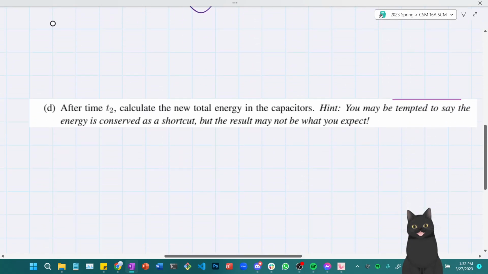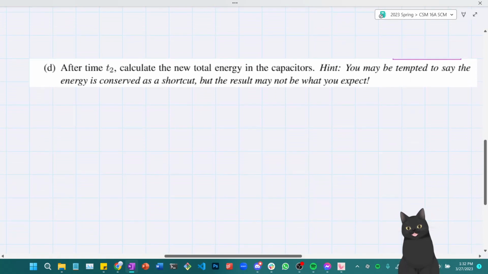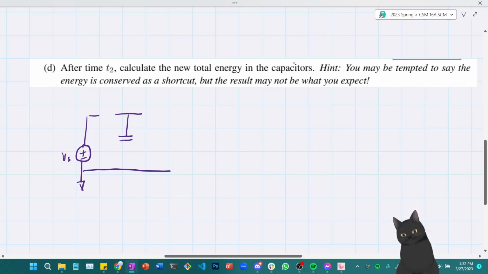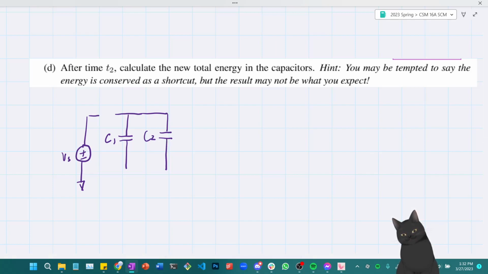So we get a very similar circuit to what we have above, except now t1 is open and t2 is closed. So I'll draw the circuit out. Once again, t2 is now closed. And passive sign convention.